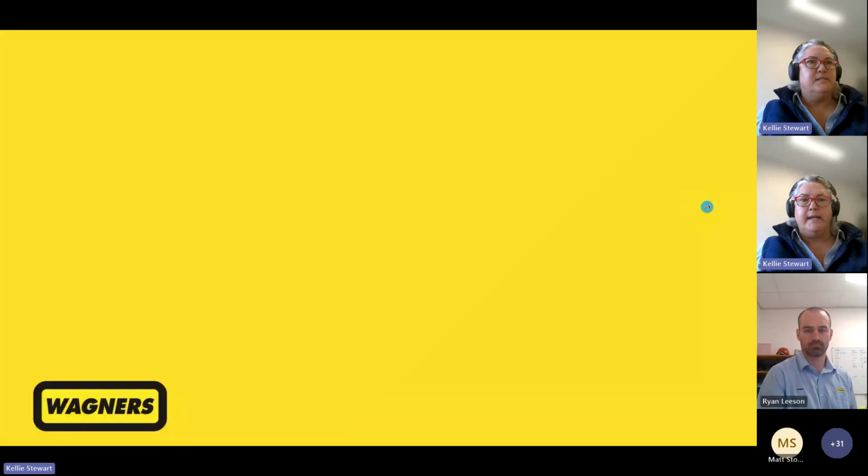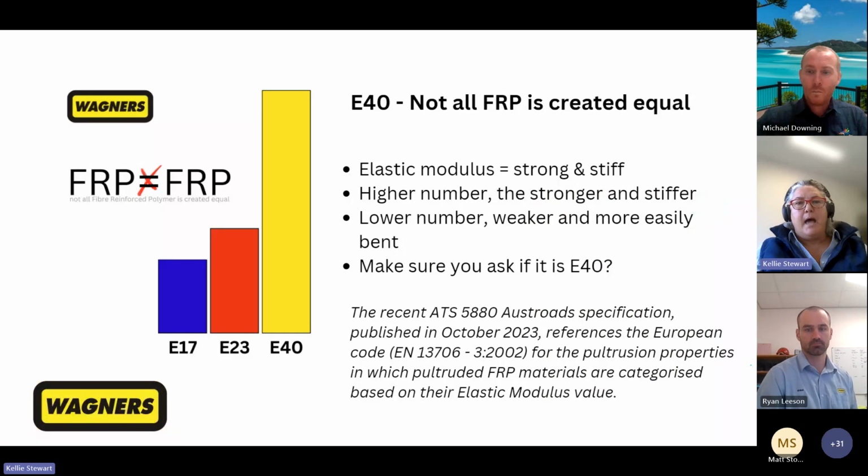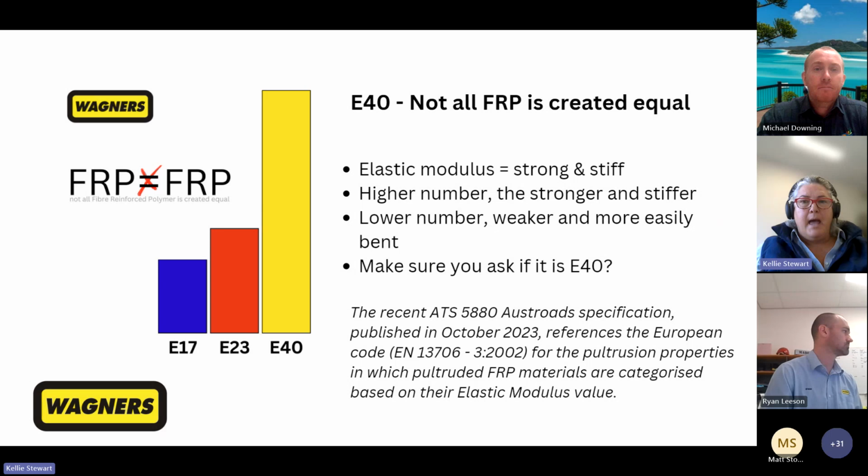So I just wanted to quickly tell you about our E40 grading for Wagners FRP. The recent ATS 5880 Austroads specifications published in October 2023 references the European Code for the pultrusion properties, in which pultruded FRP materials are categorised based on their elastic modulus value.